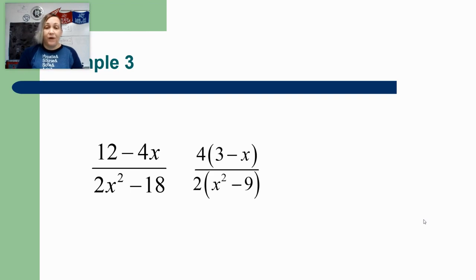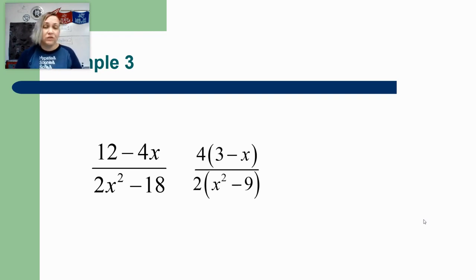Now, on the bottom, I have an exponent still on my variable, which means I might be able to factor it again. So on the bottom, it's x squared minus 9, and that's a binomial. And the only other way to factor a binomial is difference of squares. So that is a difference of squares because I know the square root of x squared, I know the square root of 9, and it's being subtracted.